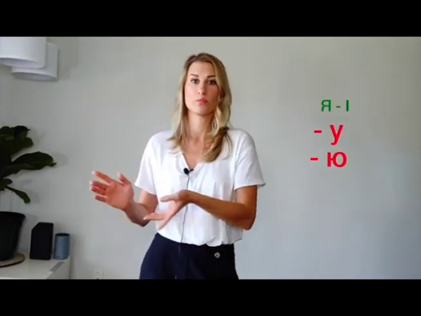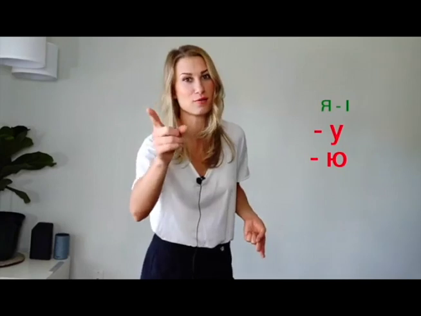Говорить, to speak, and слышать, to hear, to listen, are verbs of the second conjugation. And there is only a tiny difference in the ending between the first conjugation and second conjugation. Like we did before, we're going to start with the first person, I, which is я, and the third person, he, she, which is он and она. With the first person, я, the verbs of the second conjugation have the endings у and ю, which is the same as the verbs of the first conjugation.